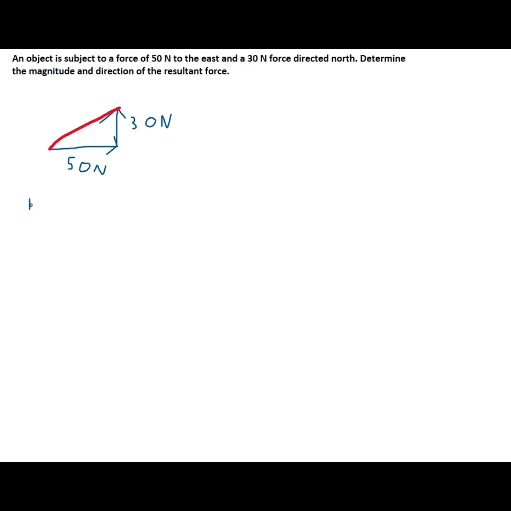This says that the resultant squared is equal to the x component squared plus the y component squared. So in this case, the resultant squared is equal to 50 squared plus 30 squared.